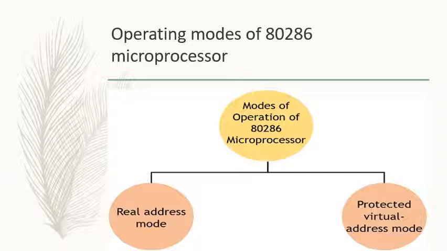The protected virtual address mode of 8286 supports multitasking because multiple programs can be executed using virtual memory. This mode of 8286 offers memory addressability of 16 MB of physical memory along with 1 GB of virtual memory.